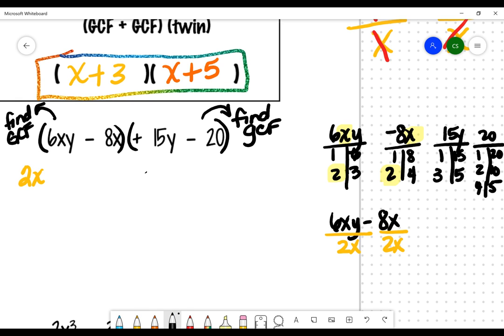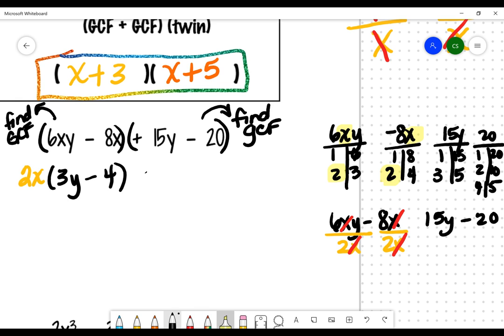So 6 divided by 2 is 3. These x's cancel, and I'm left with y. Negative 8 divided by 2 is negative 4, and these x's cancel out. So that's it.